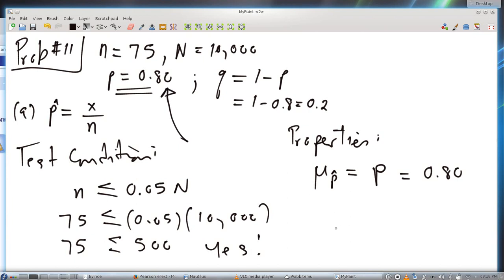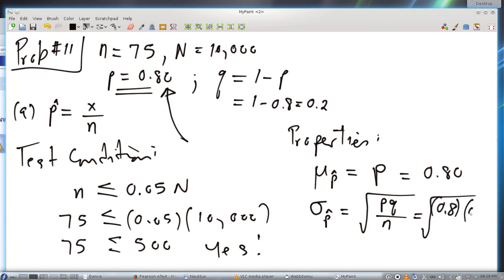Then the second property is the standard deviation of the sample proportion, and it's written as sigma of p-hat, which is basically the square root of p times q over n. In this case, we have the square root of 0.8 multiplied by 0.2, the reason for which I have outlined earlier over here, and then divided by 75.